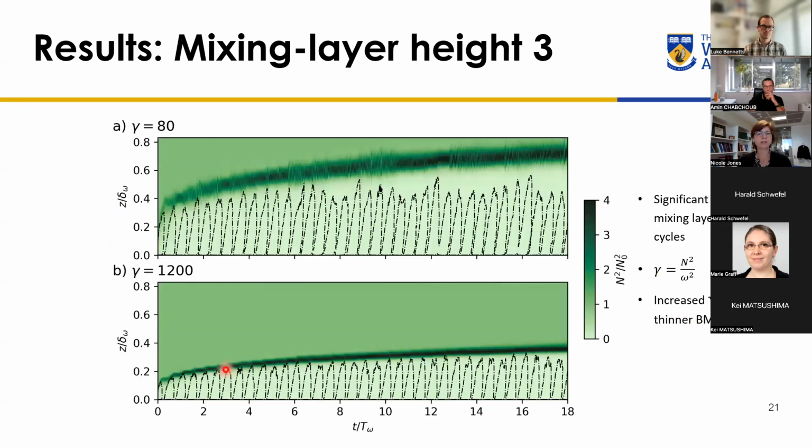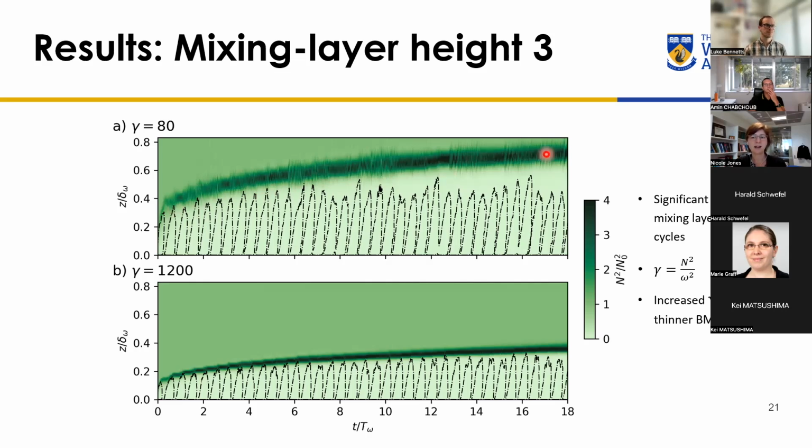Now, when we go to the LES data, because we can control exactly the forcing and we can keep that forcing consistent over, in this case, 18 cycles of the tide, we can look in detail at what's happening. So this is just two different cases with different stratification. And you can see here the green is showing you where the mixing layer height is. So this dark green line that's here.